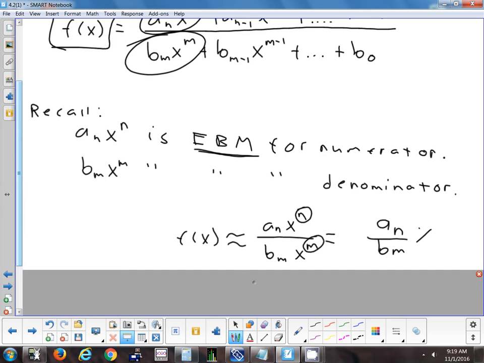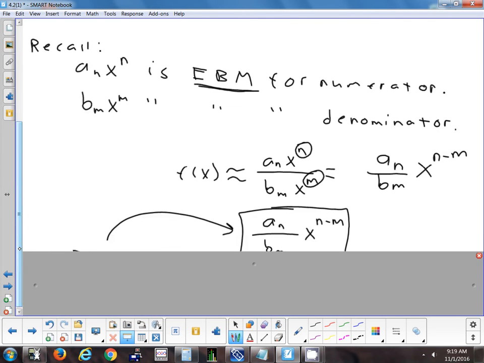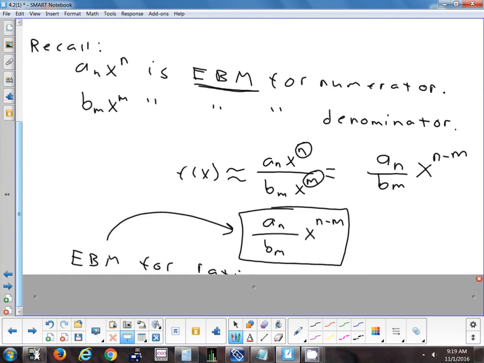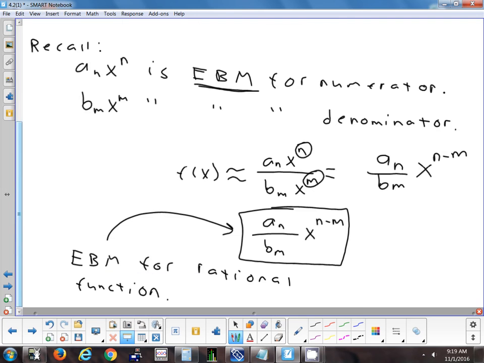And then the x is going to be whatever that comes out to, x to the n minus m. Which is what I just wrote below. And that's the end behavior model for the entire function. Just divide the one in the top by the one in the bottom.